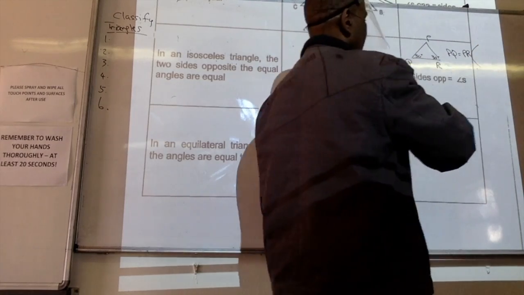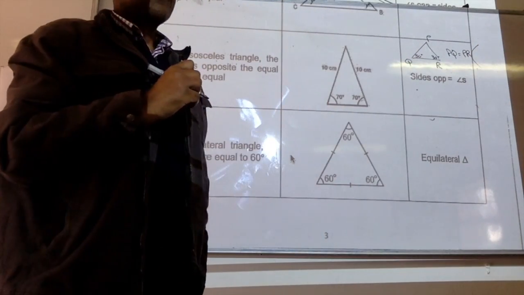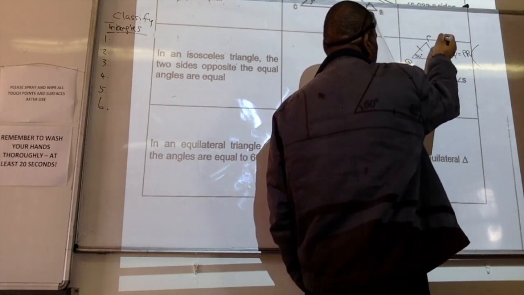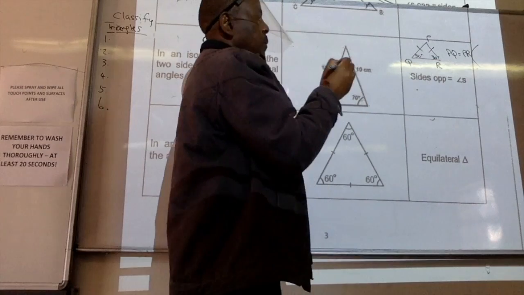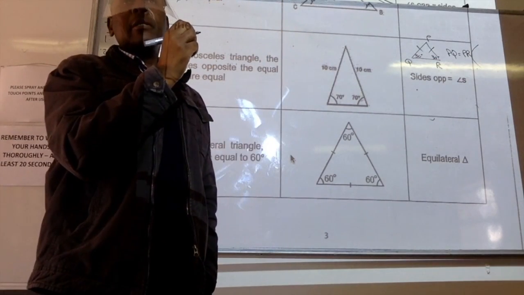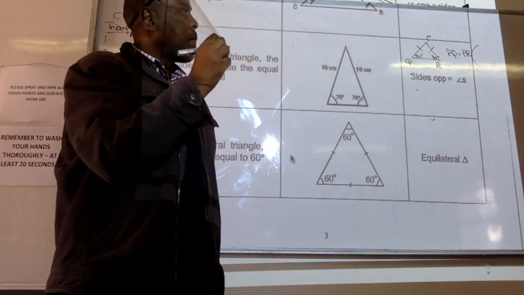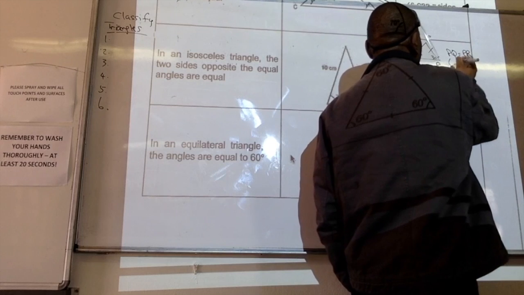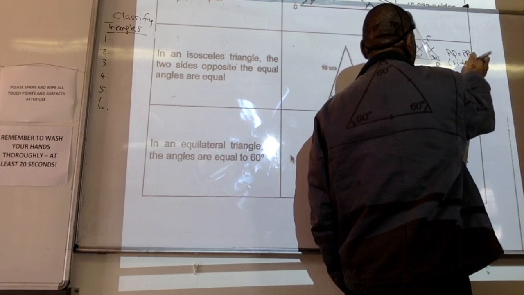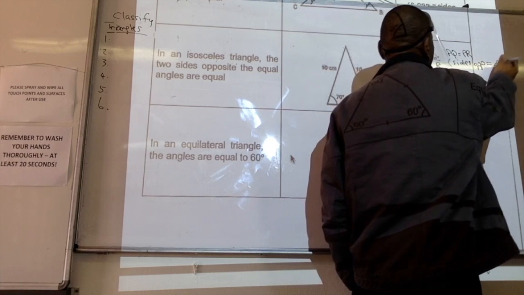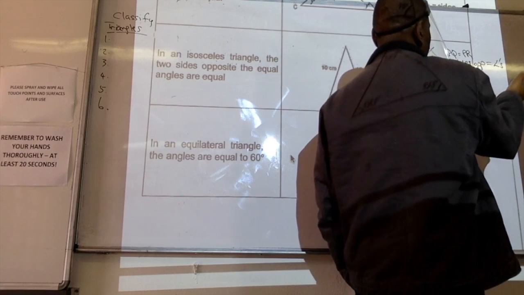Why are we saying that? So we are saying this side should be the same length as that side. And what is the reason? Right, good. So these are sides which are opposite equal angles.